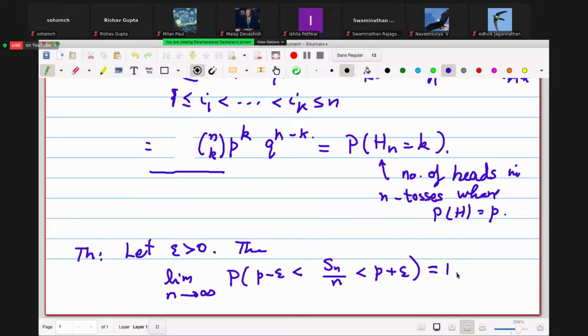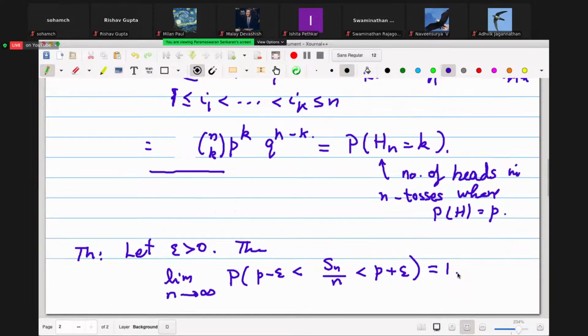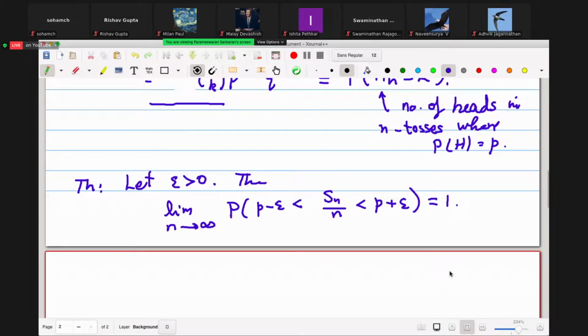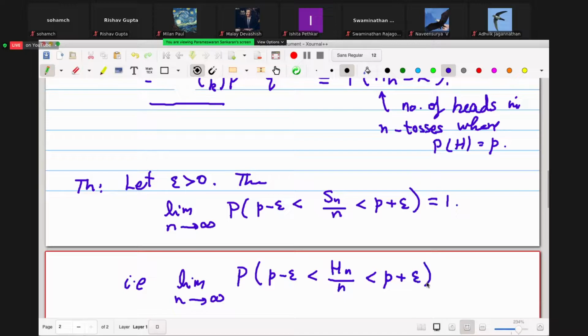Is this clear? That is the same thing as saying, I may write as well, the limit as n goes to infinity of the probability p minus epsilon less than Hn by n less than p plus epsilon is equal to 1.